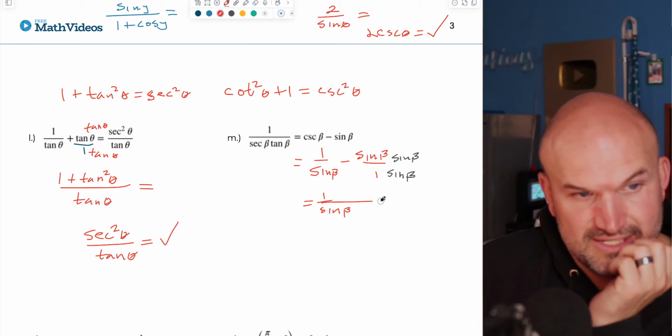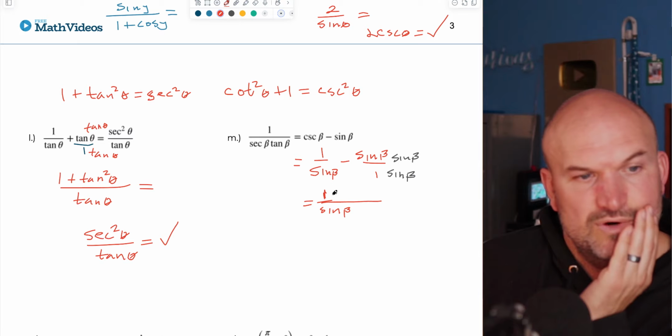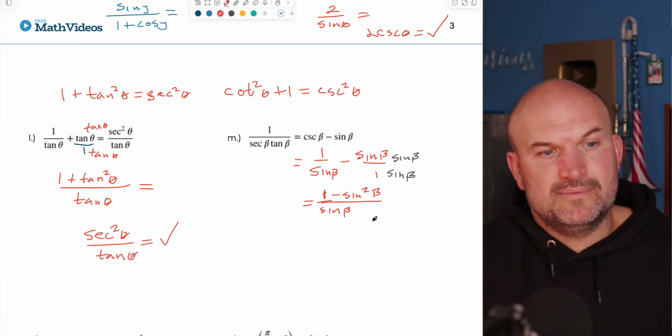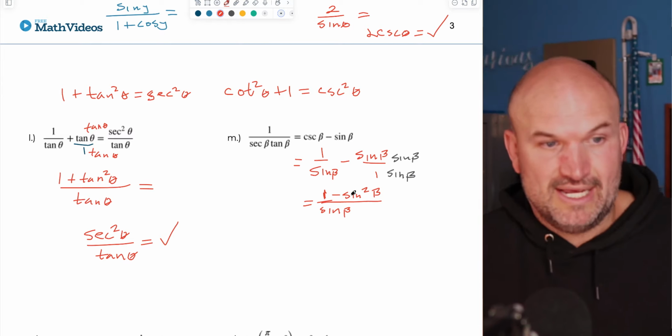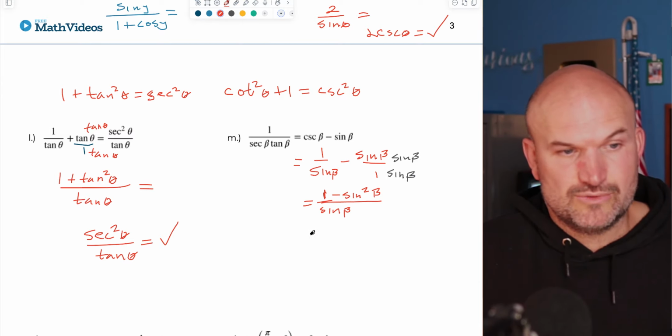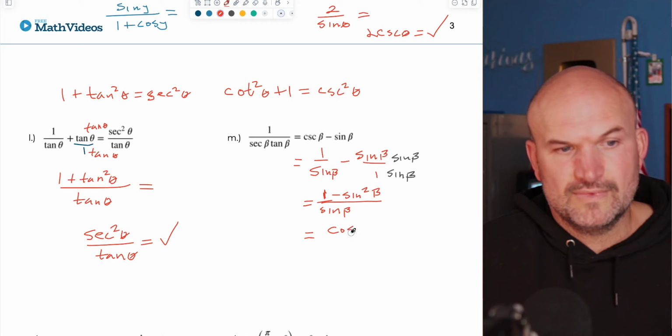That's actually my common denominator. And this would be a 1 minus a sine squared of beta. So remember, that's going to be equal to a cosine squared. So that's a cosine of beta divided by a sine of beta.